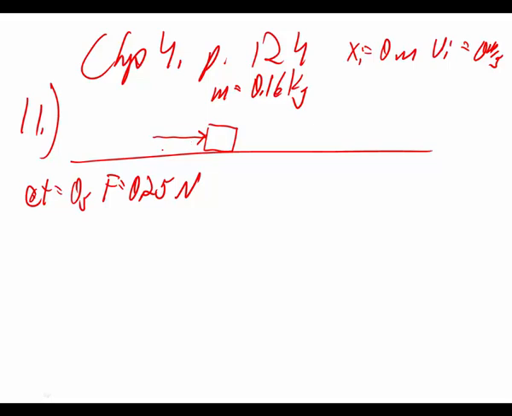If you want to draw the person standing here and he hits it with his hockey stick, okay. And this force is applied until time is equal to 2 seconds. So the force is applied for a 2-second interval.